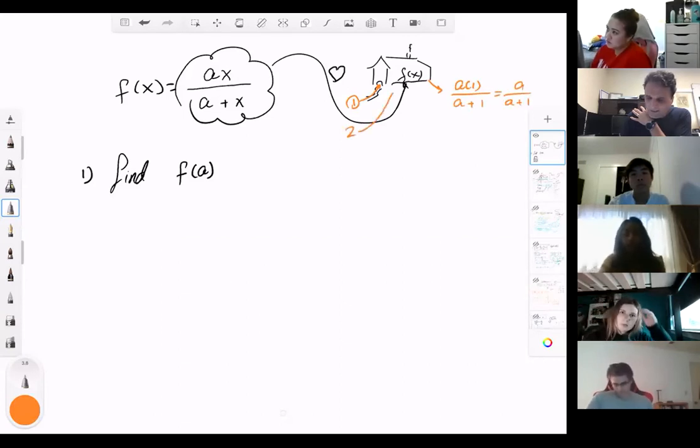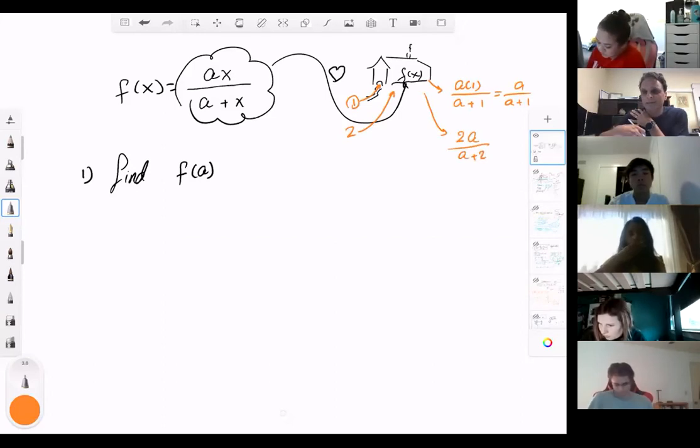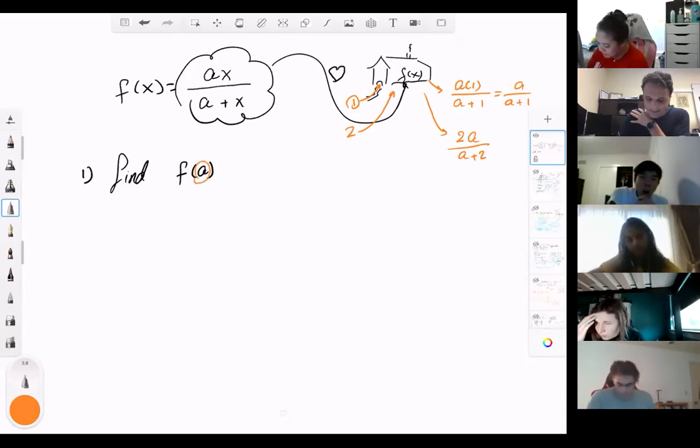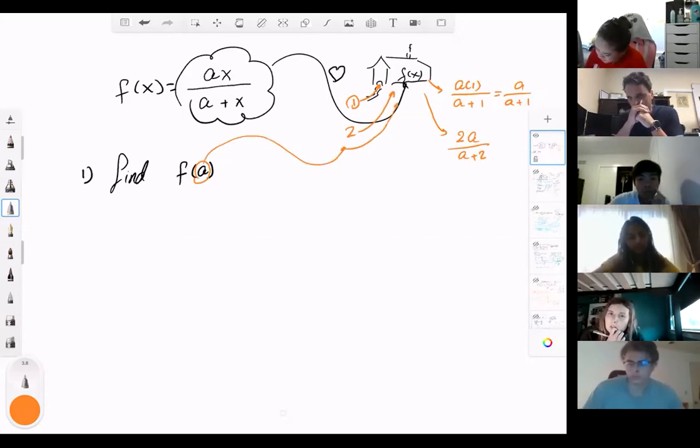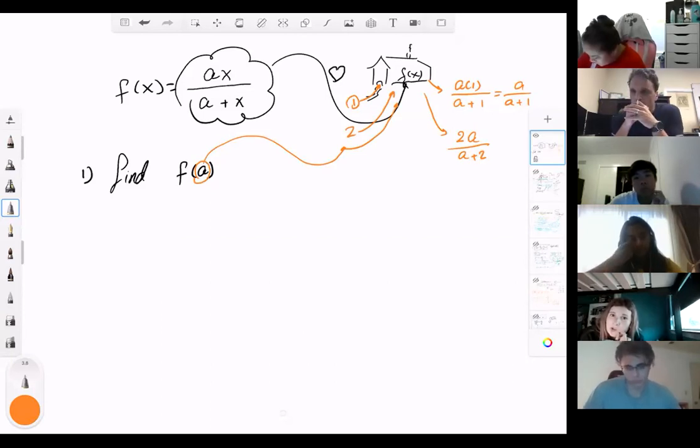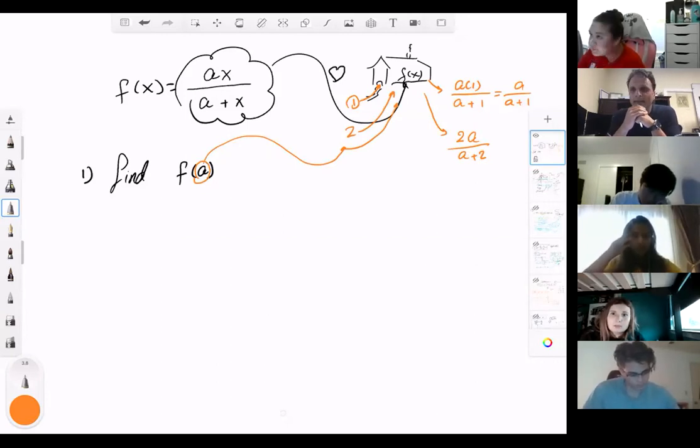If 2 goes inside, we're going to get 2 times a over a plus 2. Agree? That's what's happening. But they're asking us, what is f of a? That means when a goes inside, what is the output?